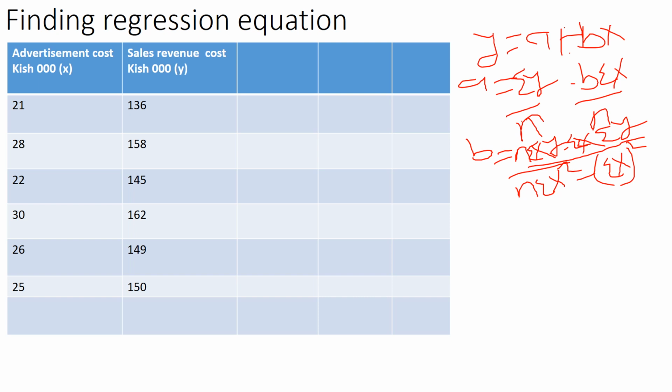So for us to get those values, we first need to get the column of x squared. To get the column of x squared, I just take the values of x and square them.